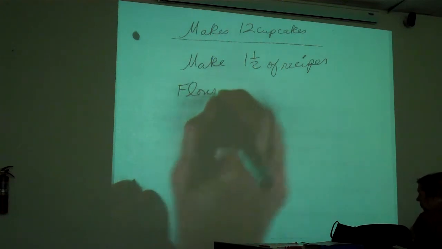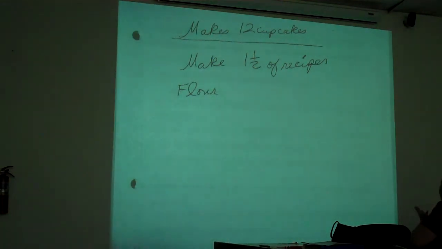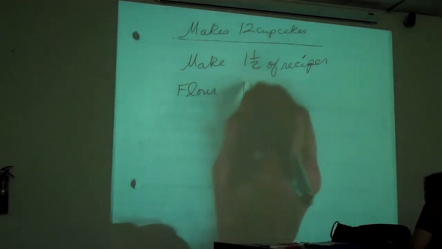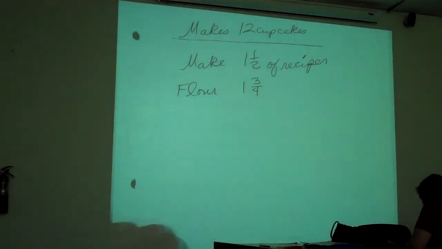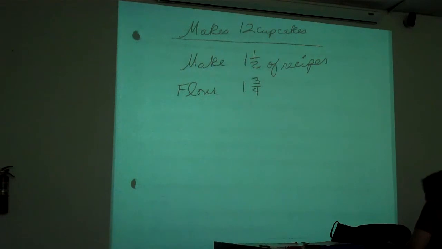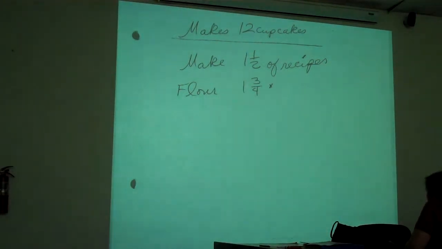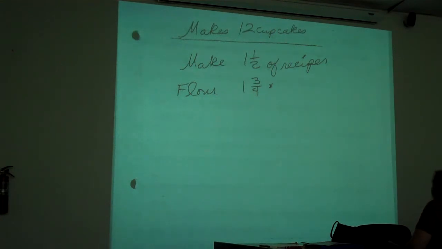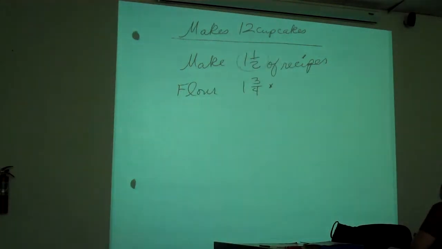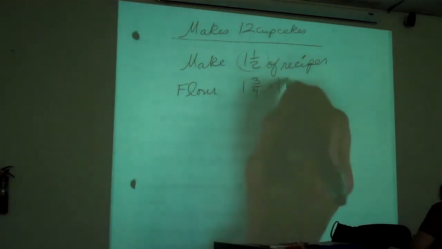So if you were doing the flour, look at how much the recipe asked for. 1 3/4 is the recipe. If you're doing 1.5, you're going to multiply it times, if you were doing double, you'd times it by 2, right? You're going to multiply it by this to see how much flour you need.